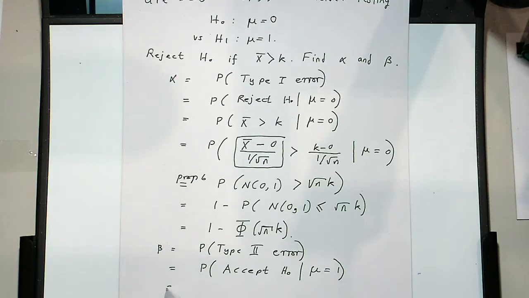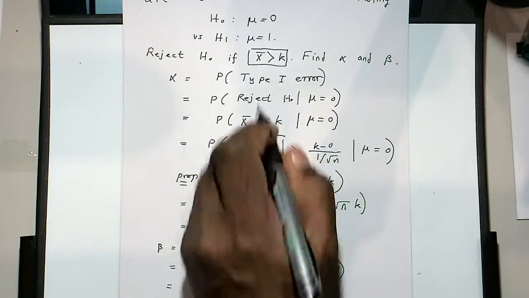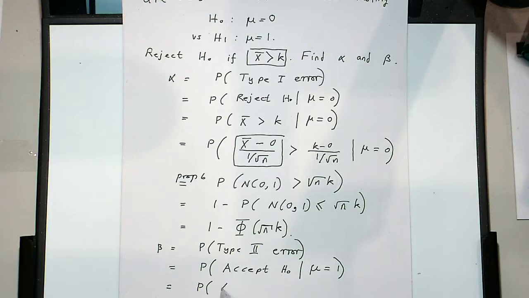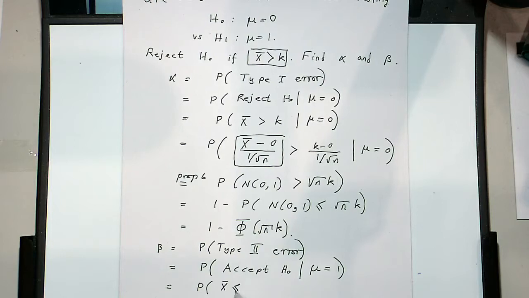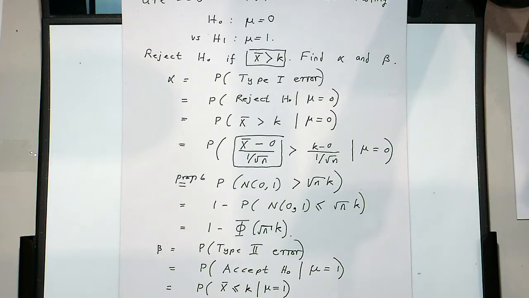Now, we know that accepting H0 is the opposite of rejecting, and we know from above the rule for rejecting the null hypothesis. So the rule for accepting the null hypothesis must be the sample mean being less than or equal to k, given that mu equals 1.